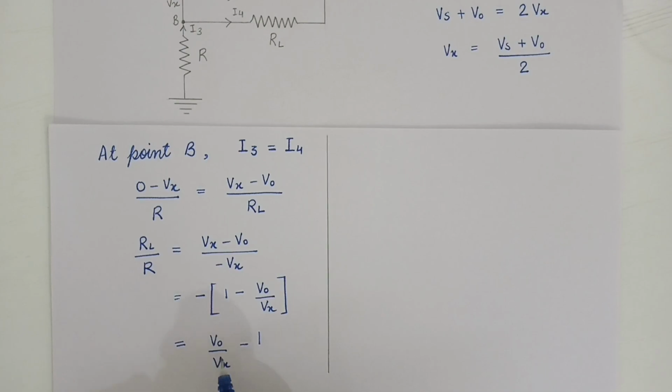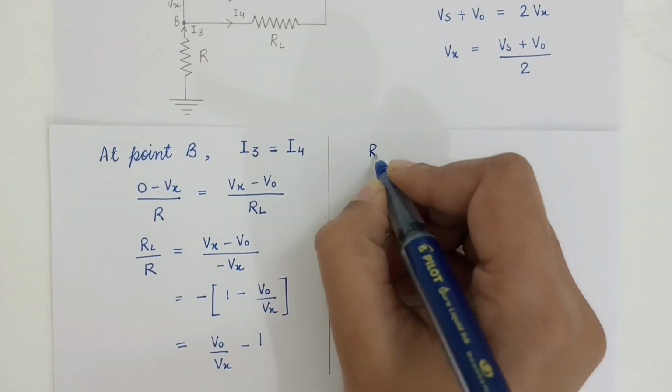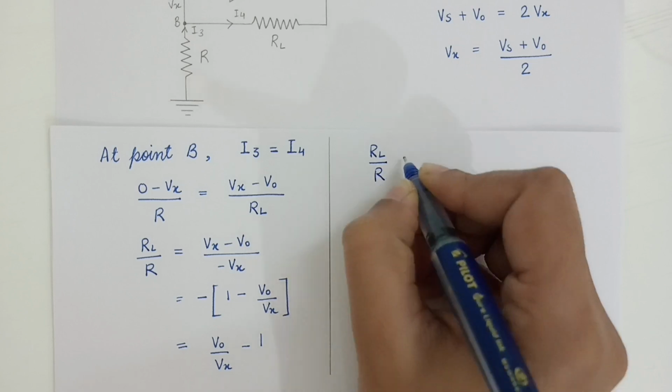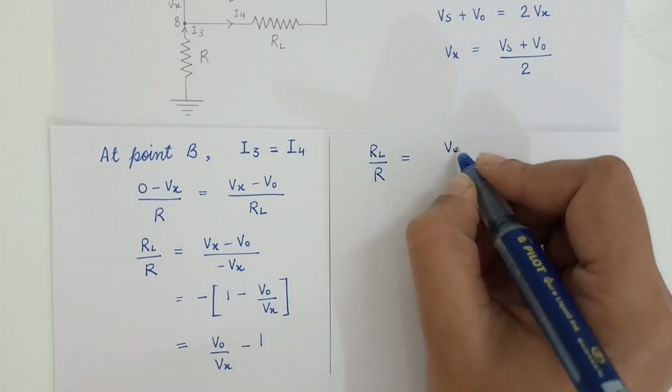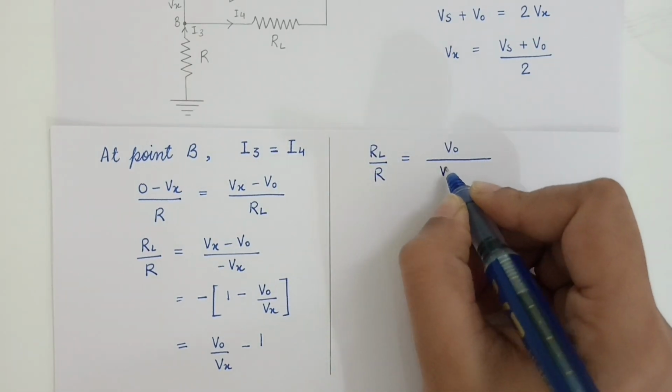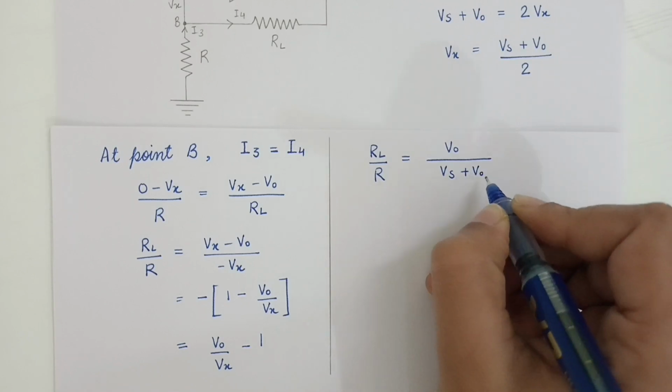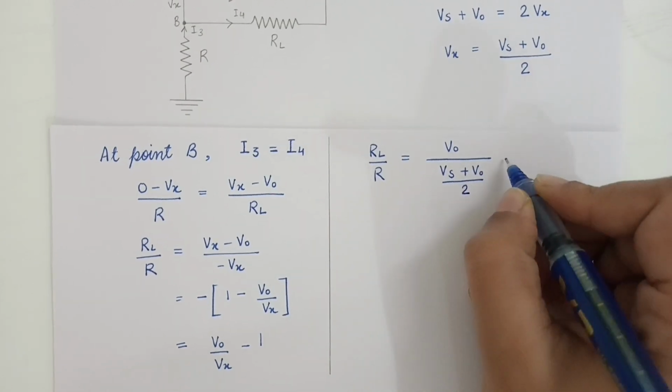So now using this Vx over here, we will get RL upon R is equals to V0 divided by Vs plus V0 divided by 2 minus 1.